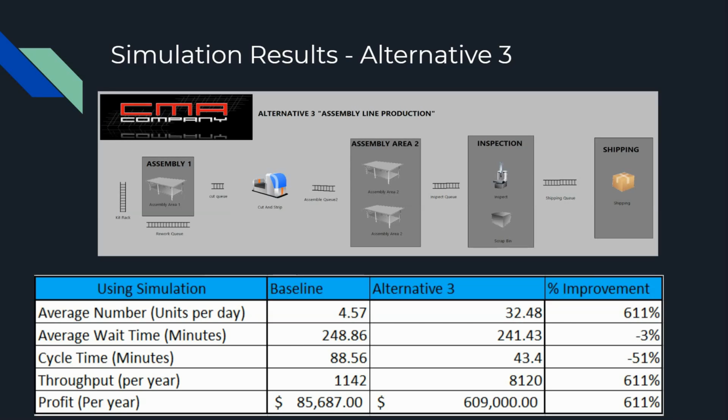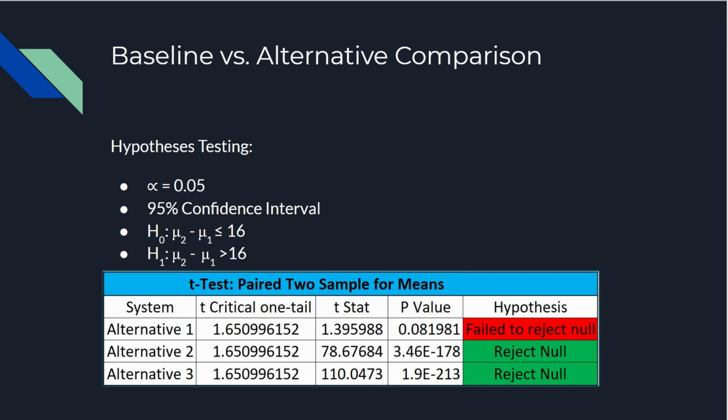The daily throughput is increased to 32.48 over the baseline of 4.57, which is an increase of 611%. The increase in production does come at the cost of increased overhead. It also greatly exceeds the demand of 5,000 loopbacks a year by 3,120.